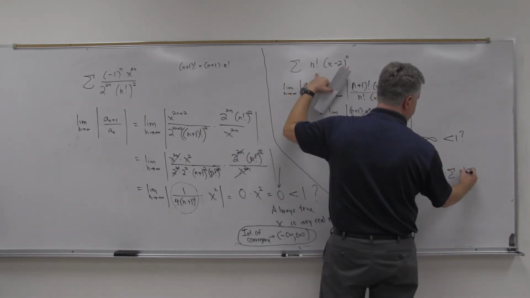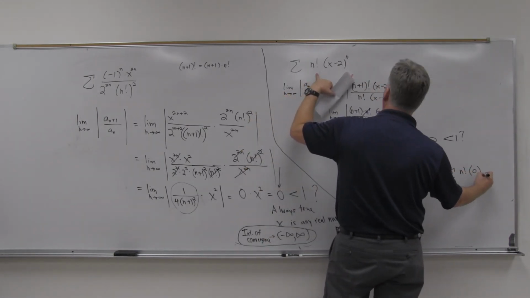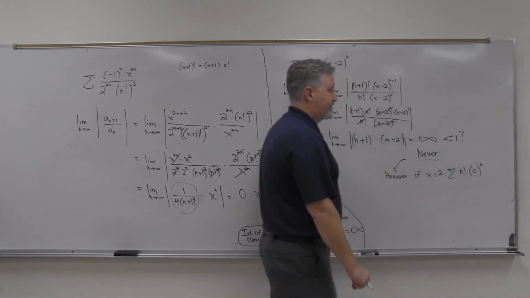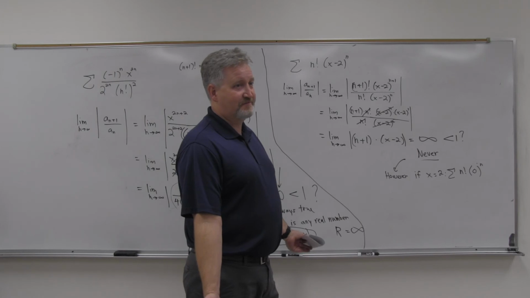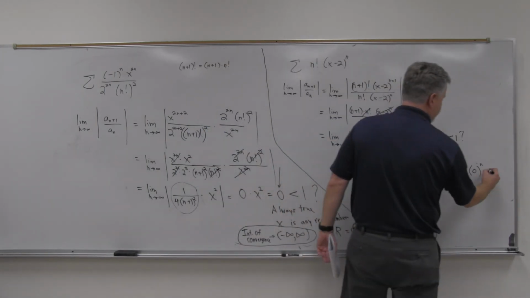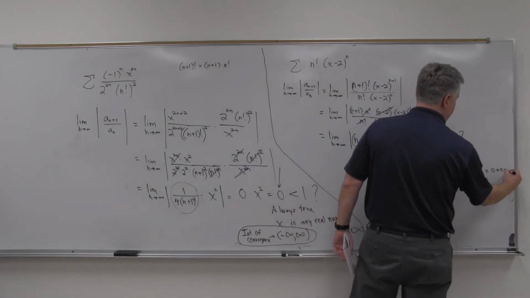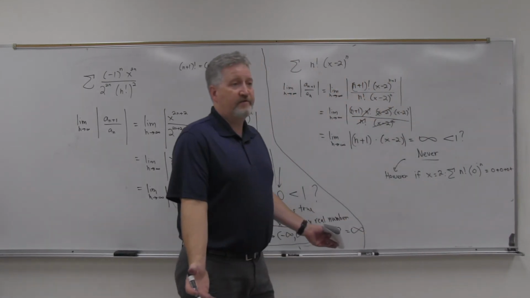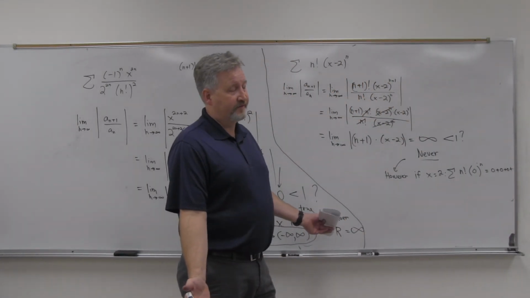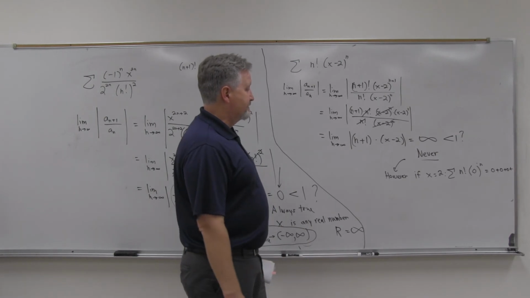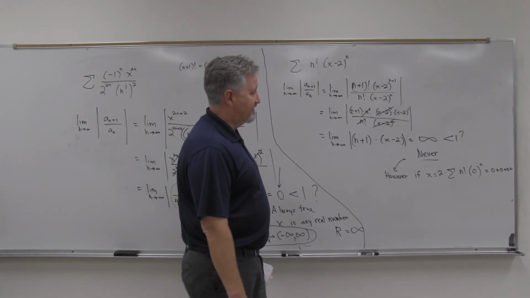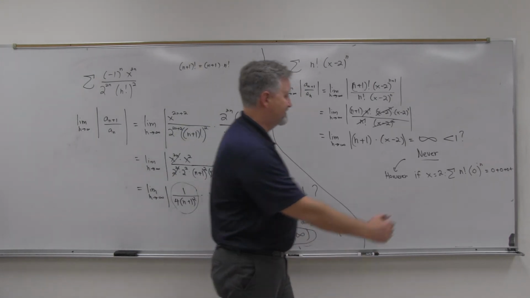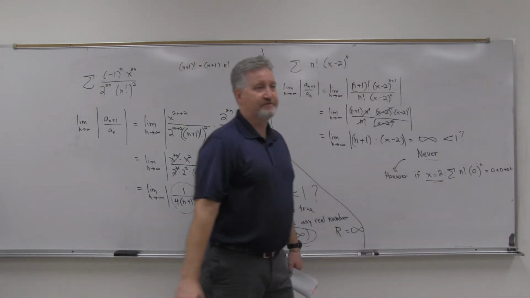N factorial times 0 to the n. Well, that's just 0 plus 0 plus 0. It's always 0, and so that does converge. I mean, kind of obviously, that converges. So there is one value for this which this converges. It is at x equals 2.